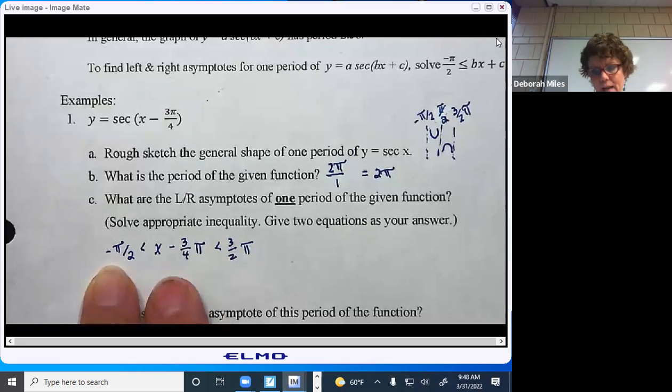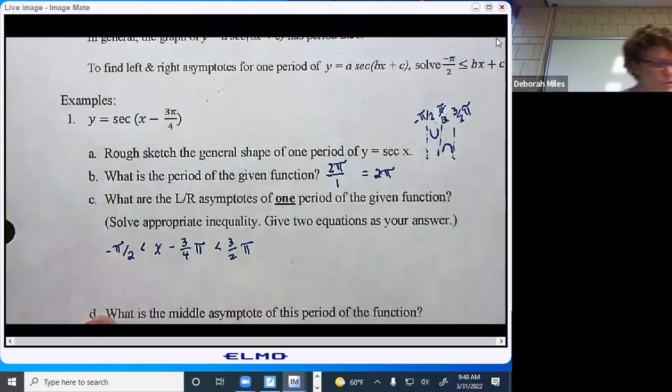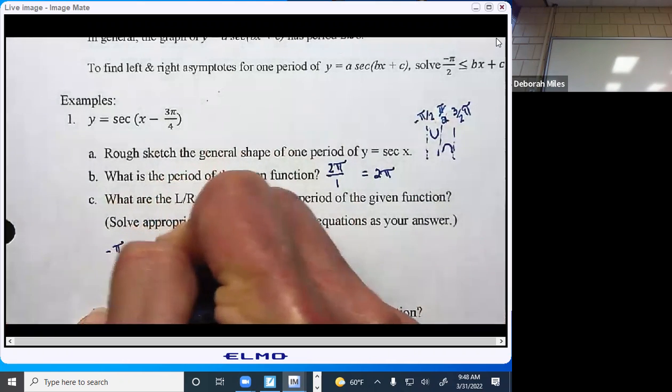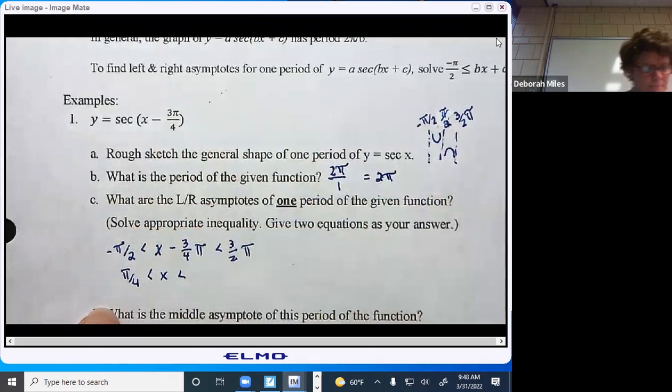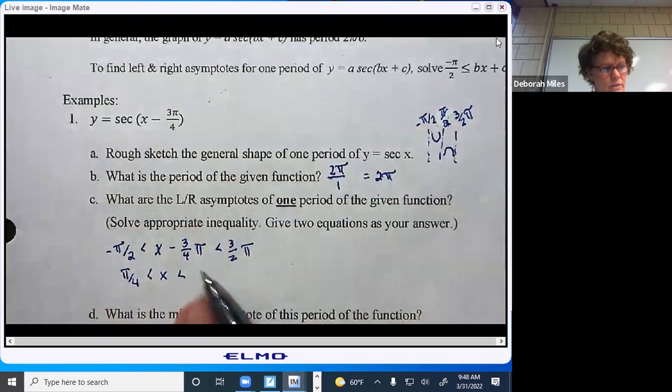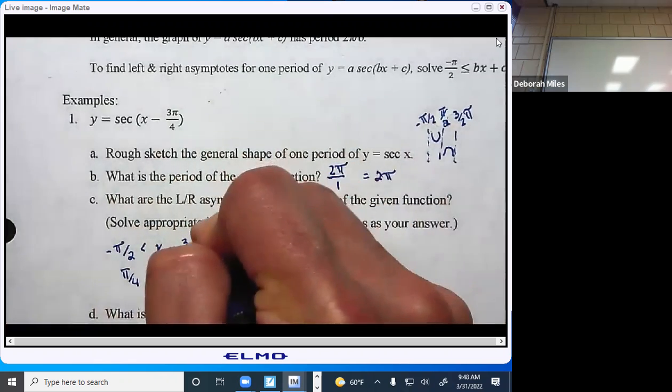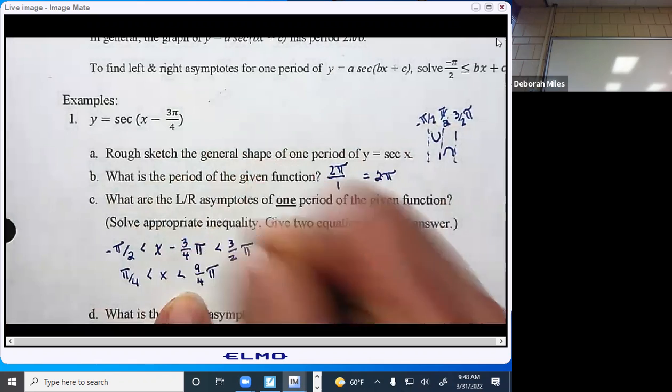All right, add 3/4 pi to both sides and you'd have 3/4 minus, this is 2/4, is 1/4 pi. And this is 3/4 plus 6/4 is 9/4 pi.